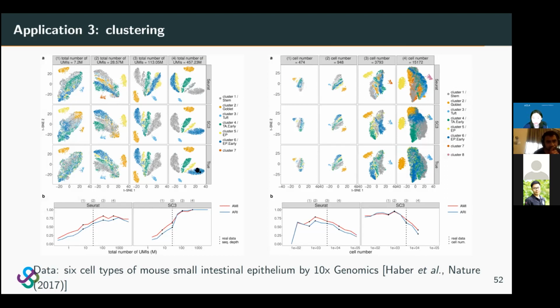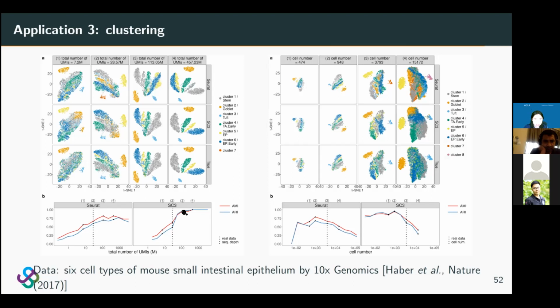And this is the true label used for data generation. Based on the true labels and the cluster labels, we can calculate two accuracy measures for clustering: the adjusted mutual information and the adjusted Rand index. And we can see that for both methods, as we expect, the accuracy increases as the total sequencing depth increases.